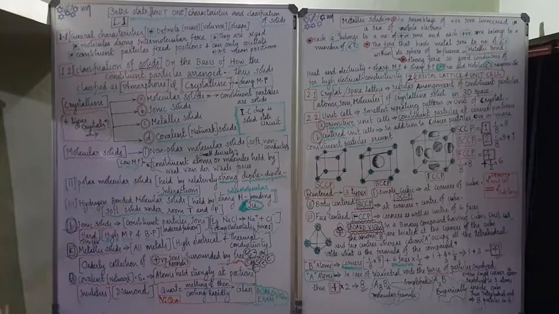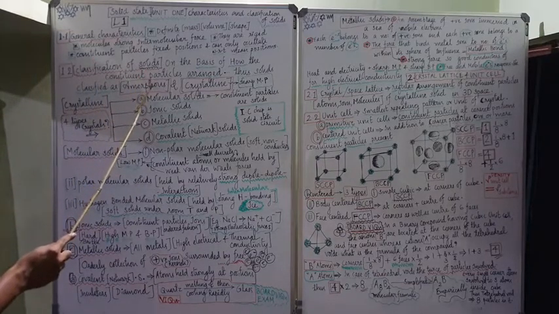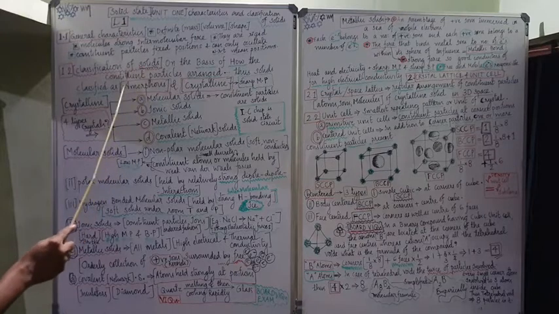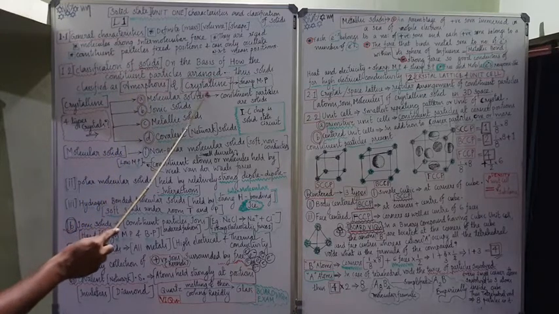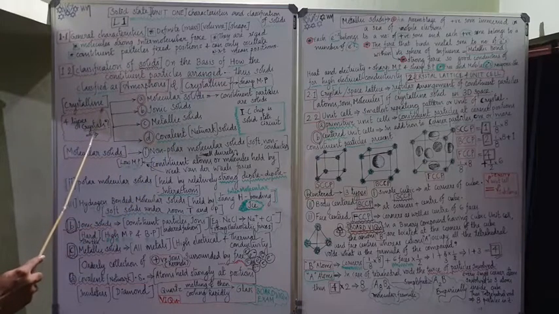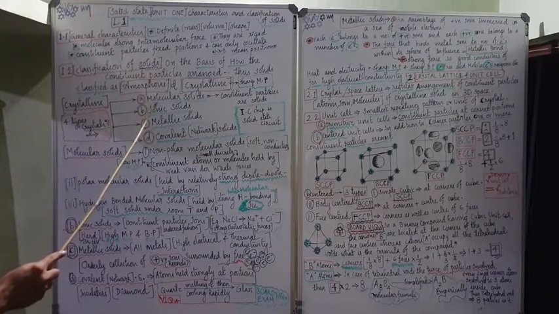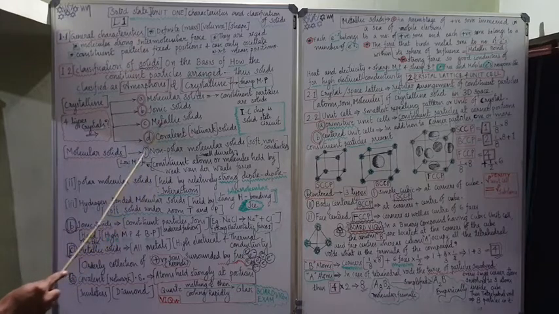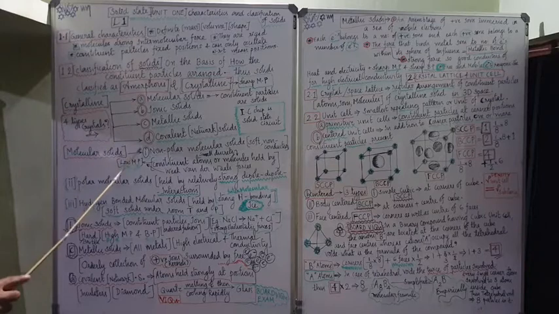So again, we will come back to brush up all these things. Solids are classified on the basis of arrangement as amorphous and crystalline. Amorphous has no shape; crystalline has a definite shape. Crystalline is divided into four types: molecular, ionic, covalent or network, and metallic solid. Molecular is again divided into three: non-polar, polar, and hydrogen bonded.